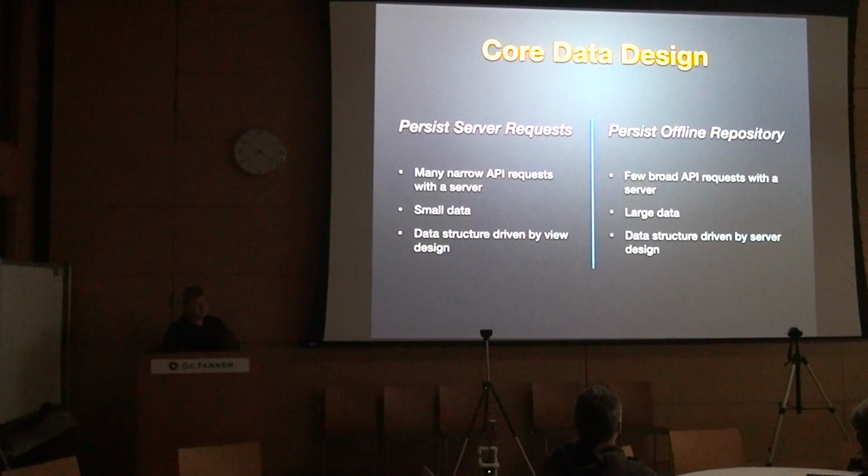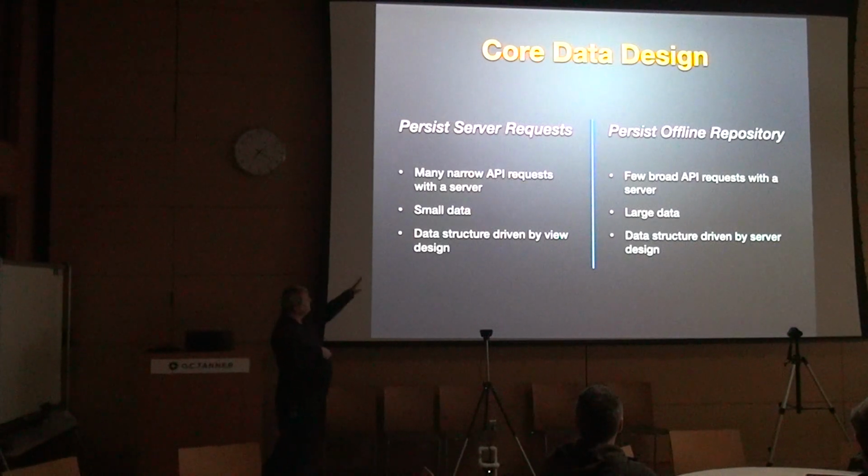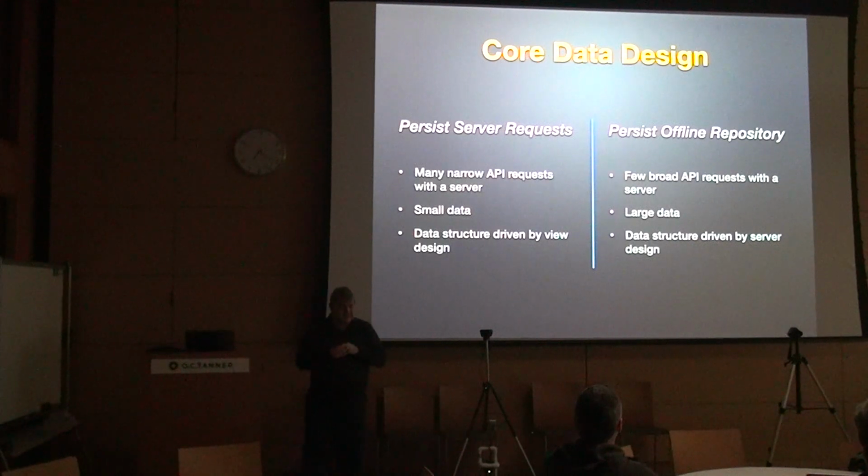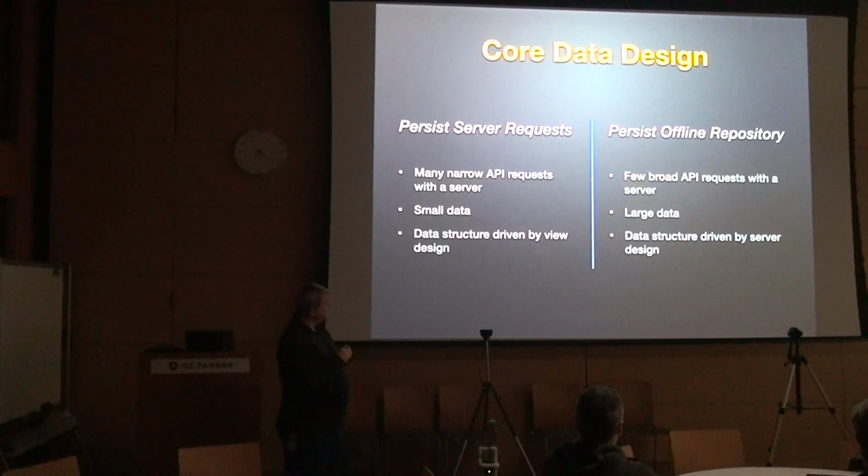But it's sheer numbers, right? Typically, whenever you're doing server requests, you've got very small sets of data. The JSON's typically not very big. Whereas if you're asking for all the users in an organization, depending on how crazy that gets, that could get really, really big.